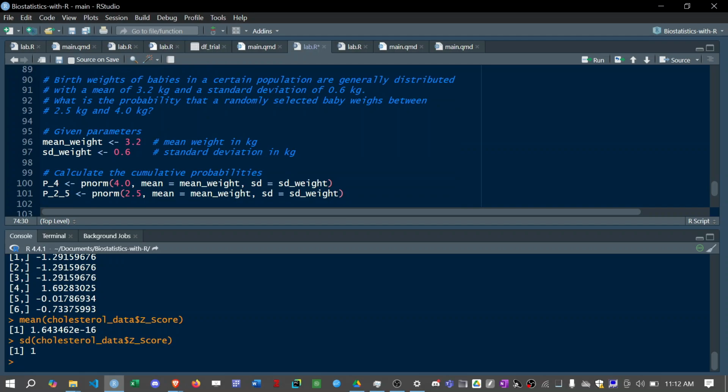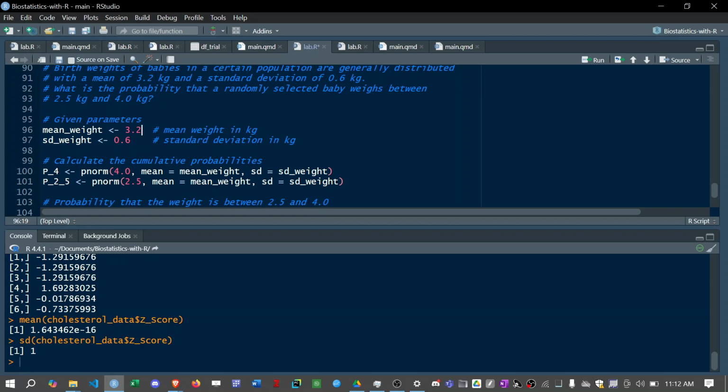So we have another example here. Birth weights of babies in a certain population are normally distributed with a mean of 3.2, which is our mu, and a standard deviation of 0.6 kg, which is our sigma. What is the probability that a randomly selected baby weighs between 2.5 and 4.0 kg?